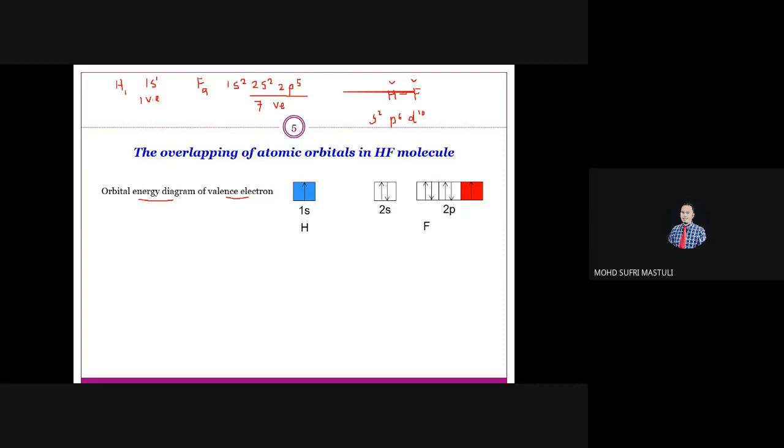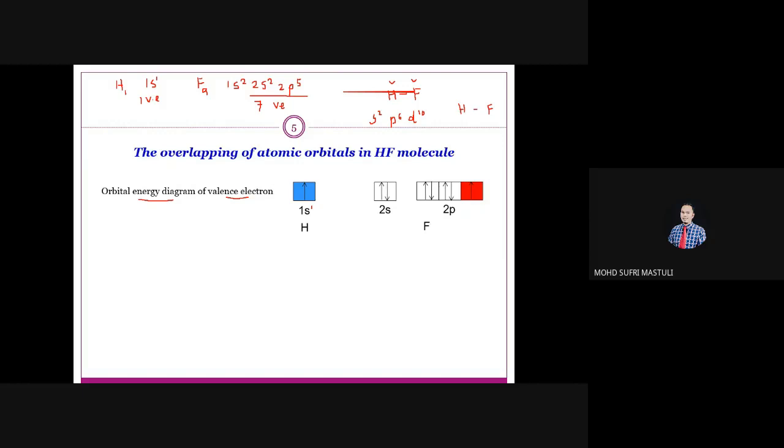And then you have to draw the electronic energy diagram in order to identify which orbital is involved in the formation of H with F. Which orbitals will overlap between H and F? So we have to draw the energy diagram and then we can identify. As we know, for hydrogen the valence electron is 1s1, so the s orbital is involved.